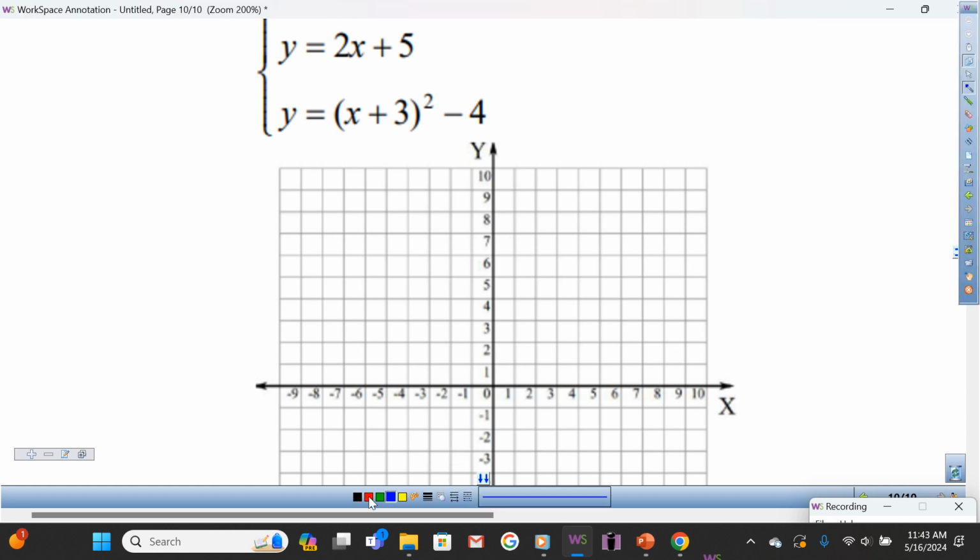So let's use red for the linear, this one. So we're going to graph that one. So right away, we circle the constant, which is positive 5, and you plot your point on the y-axis at positive 5. You good over there, Jacob? Yeah, all right.